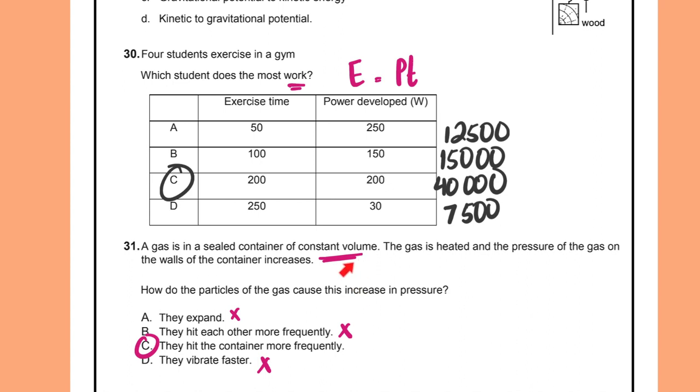So basically you were asked to identify the wrong statement. And you were given some statements: some particles move faster, there were more frequent collisions, and harder collisions. These are all the options that I'm writing down here.